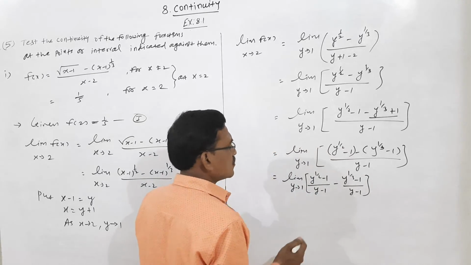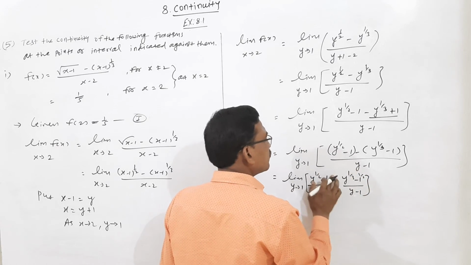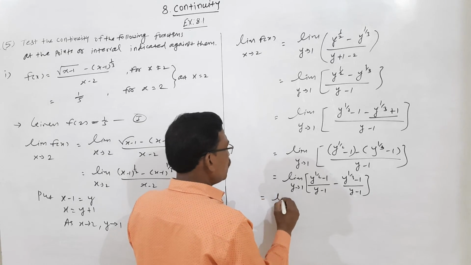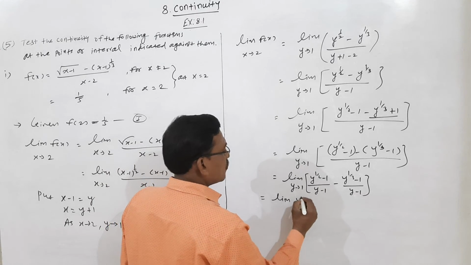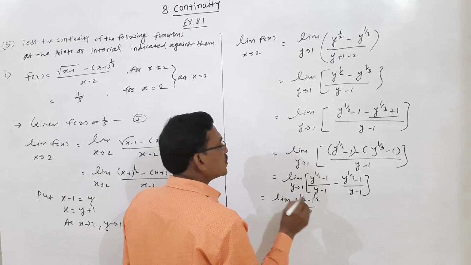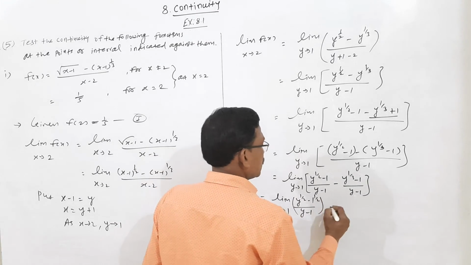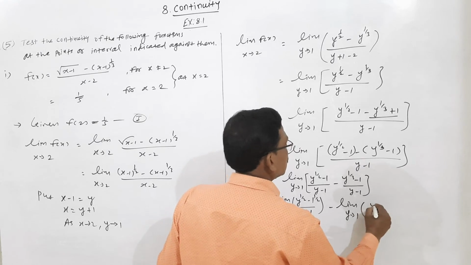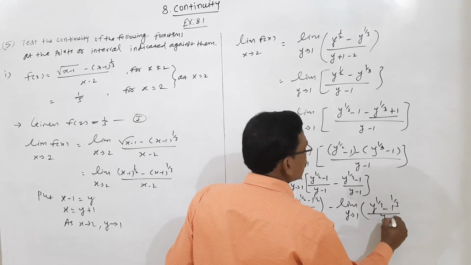So it is equal to, taking limits separately, the limit of (y raised to 1 by 2 minus 1 raised to 1 by 2) divided by (y minus 1) as y tends to 1, minus the limit as y tends to 1 of (y raised to 1 by 3 minus 1 raised to 1 by 3) divided by (y minus 1).